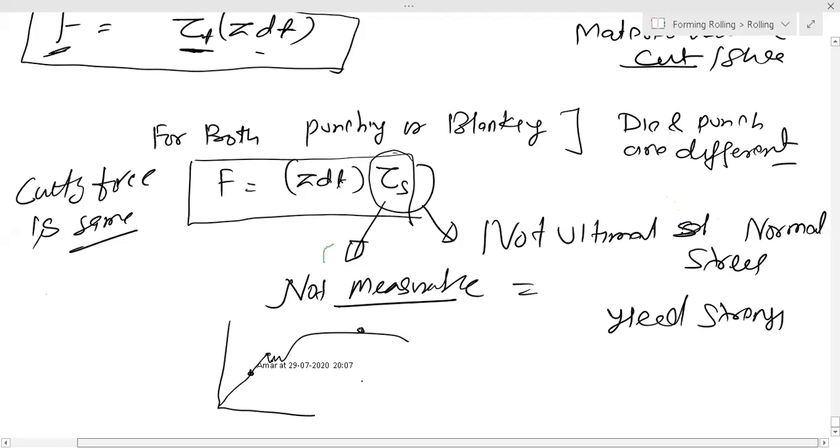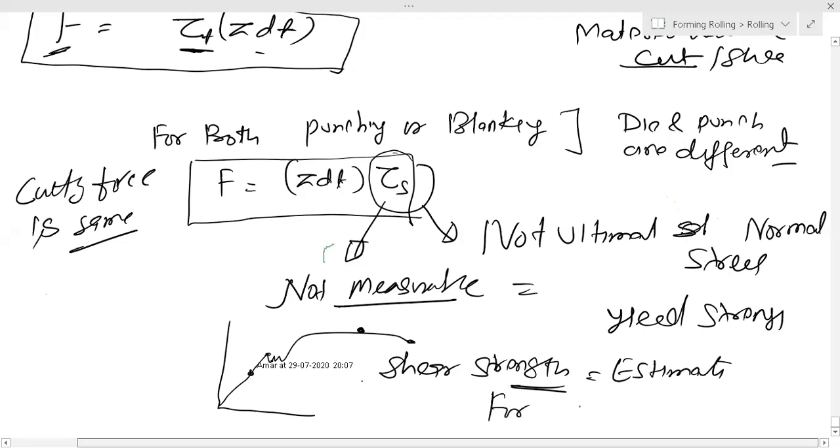Then you have ultimate stress, then you have the breaking point. We never get tau, we don't get shear strength, so shear strength you have to estimate from sigma UTS.